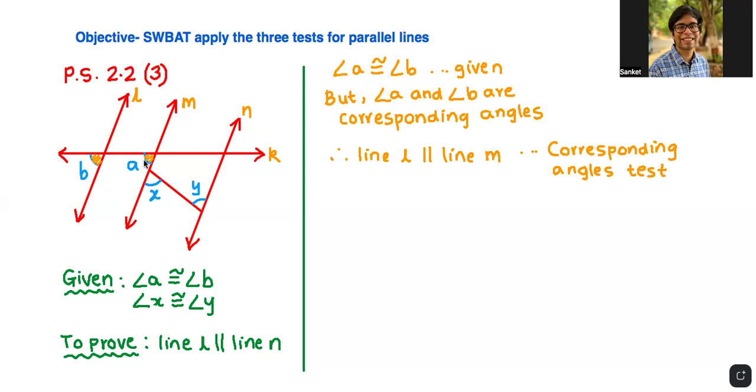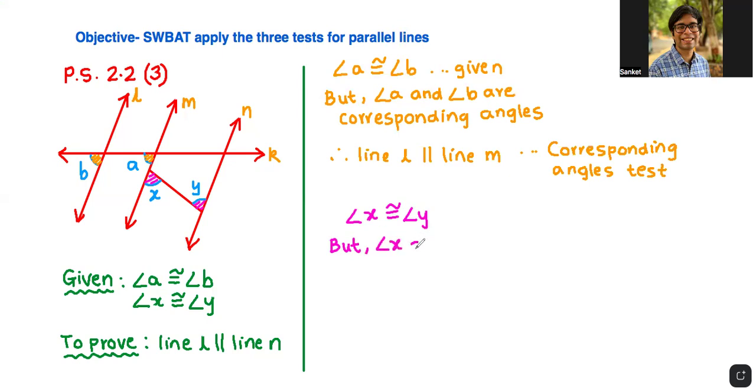Now we have been given something else as well, that angle X and angle Y are also congruent to each other. So let me write that angle X is congruent to angle Y, but I know that angle X and Y are alternate angles.